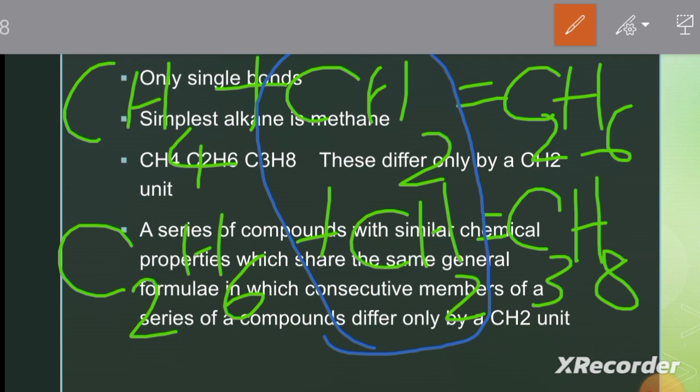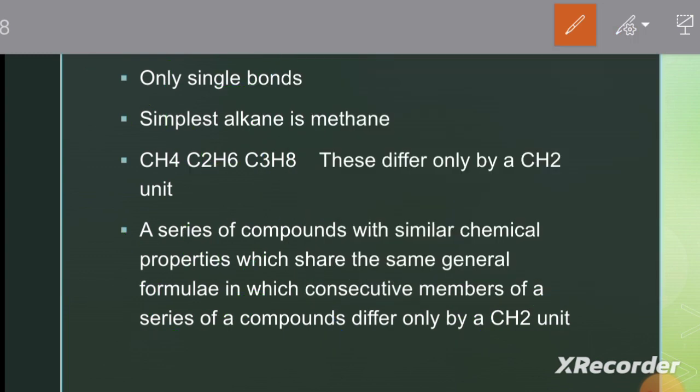Such a series of compounds which differ only by a CH2 unit is known as a homologous series, right? A series of compounds with similar chemical properties which share the same general formula, in which consecutive members differ only by a CH2 unit, is known as a homologous series of compounds.